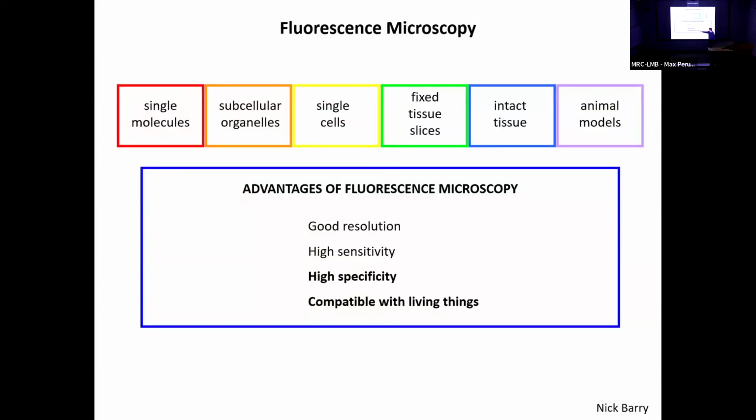And most importantly, it's compatible with living things. So this is the thing that distinguishes fluorescence light microscopy from electron microscopy. The advantage of EM isn't always going to kill your sample. With light microscopy, we can carry on working for days at a time if we want to, which is what the circadian rhythm people are effectively doing.